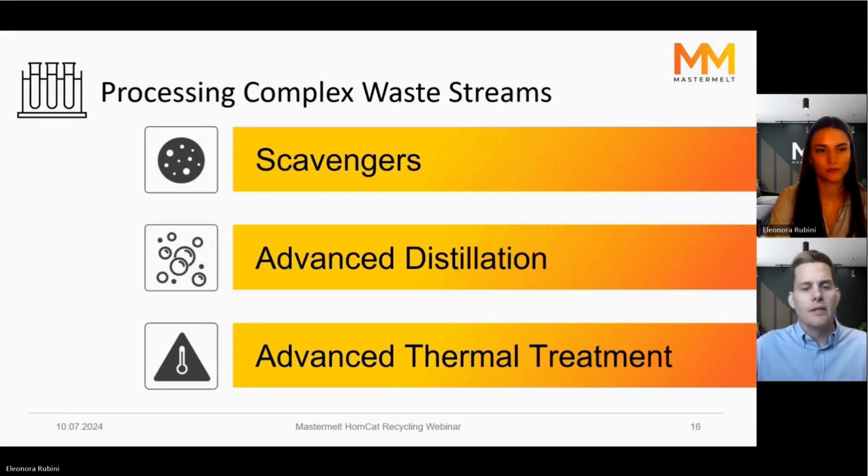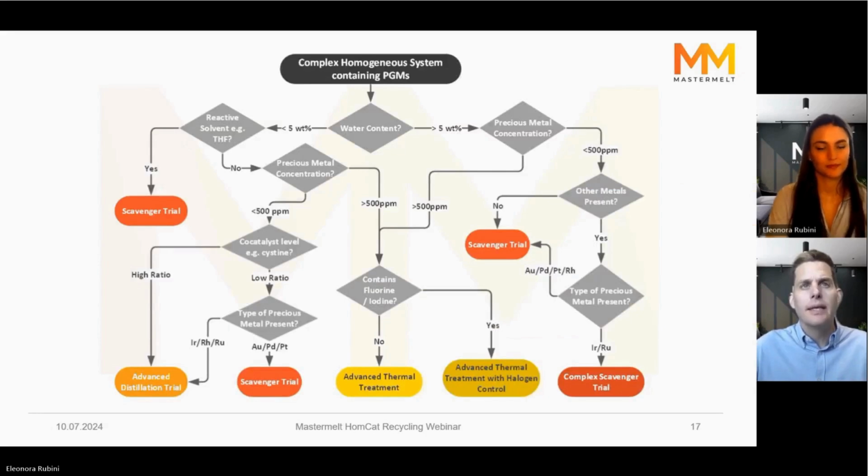The next one is advanced distillation or advanced thermal pre-treatment. There are some other areas which we can offer, like chemical treatment and smelting, but this is not usually appropriate for homogeneous waste. And on the next slide, I'm going to talk about why we might choose one of these different technologies. And it really comes down to the initial screening work and the composition of the material we obtain.